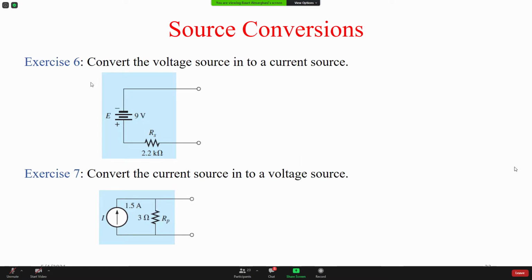Okay, so this is for the first one. This is the voltage source. We want to change it into a current source. So the current source equivalent circuit is the current source with, now this is DC, so the parallel resistance, not impedance.